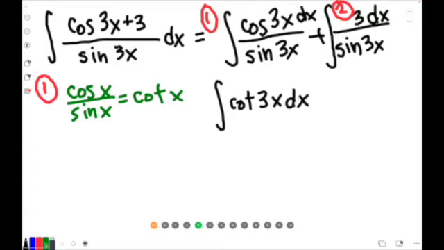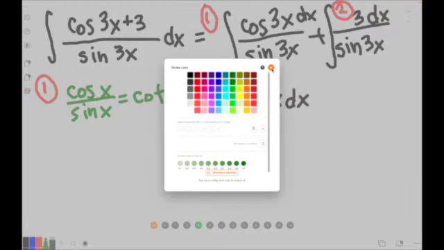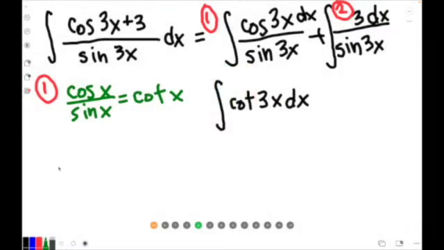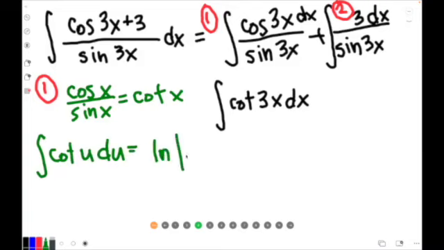And from our previous theorems, the integral of cotangent u du will just be equal to the ln of the absolute value of sine u plus c. So right now we need a pattern which is cotangent u and du.